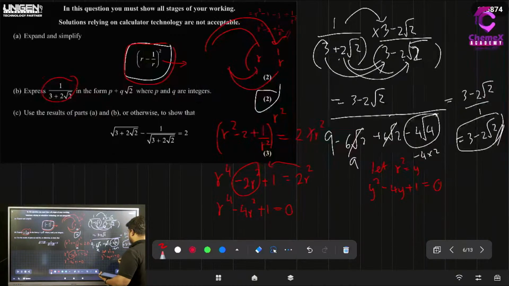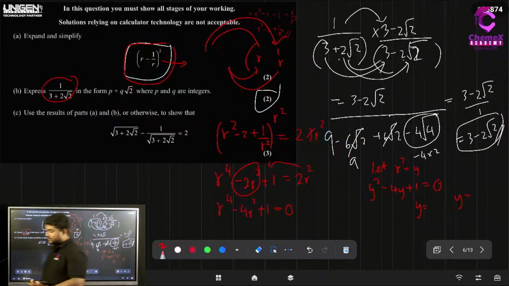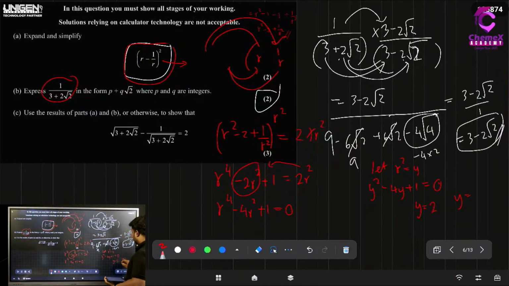So can someone say what the answers for y are? Kamita, what are the answers for y? Just solve the quadratic in the calculator. Y equals 2 plus root 3 and 2 minus root 3. But this is not the answer. Why? It's r squared.